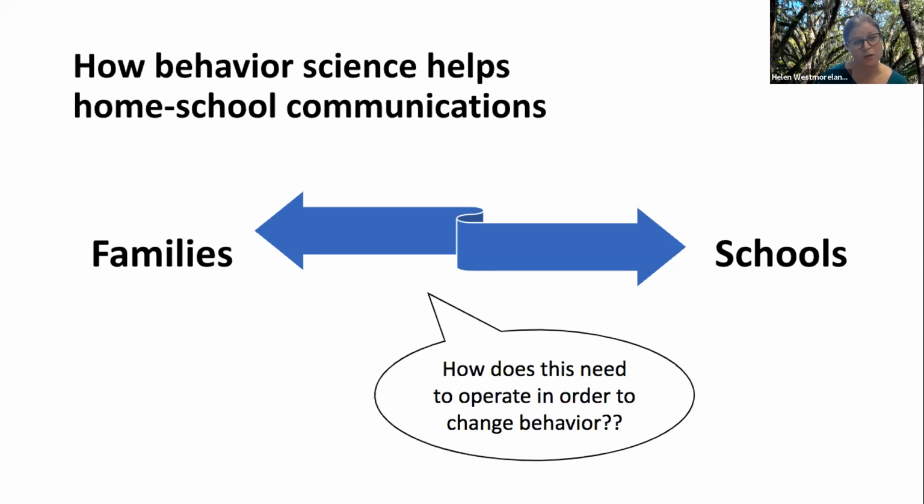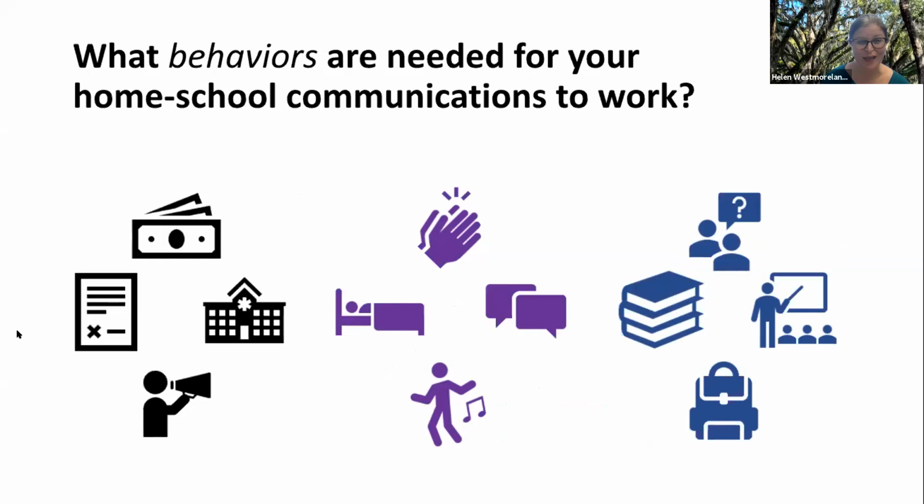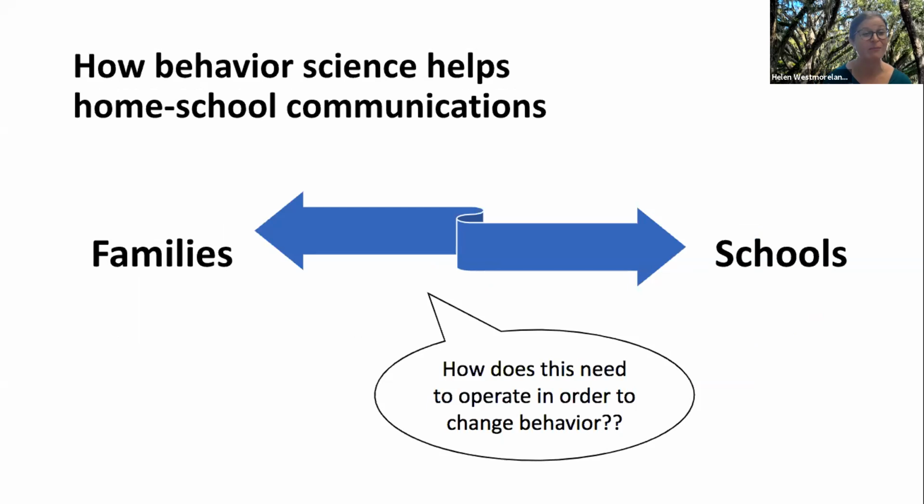And what behavior science really does is drill deep into those and ask, what does it take for these systems to change behavior? There's one important thing I want to point out here. Good home-school communication, as everyone knows, is two-way. It is both what schools and districts are sharing with families, but also what families are sharing back with our staff and our educators in schools about what's going on in their house and what they want for their children.